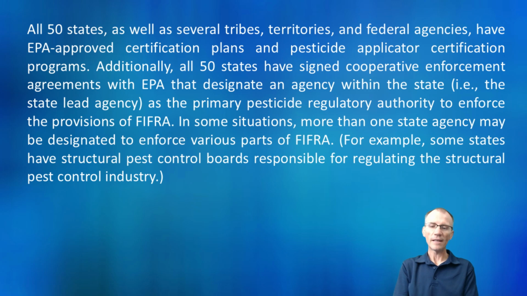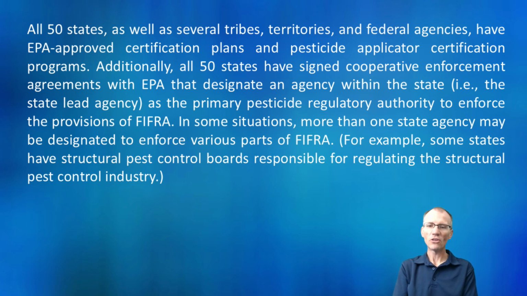All 50 states, as well as several tribes, territories, and federal agencies, have EPA-approved certification plans and pesticide applicator certification programs. Additionally, all 50 states have signed cooperative enforcement agreements with EPA that designate an agency within the state, i.e. the state lead agency, as the primary pesticide regulatory authority to enforce the provisions of FIFRA.